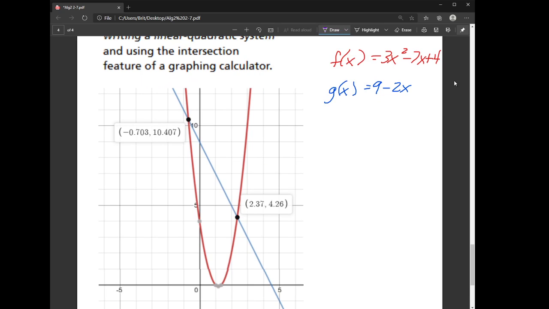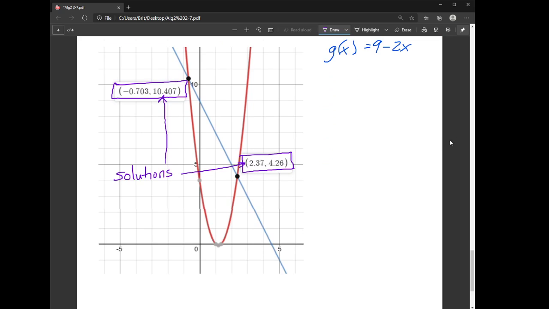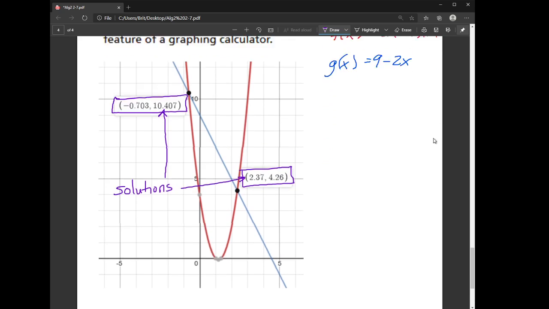So if I'm looking for solutions, again, I look for those points of intersection. And I'm getting these really hideous numbers. If you're looking for exact solutions, this method will not get you the exact solution.